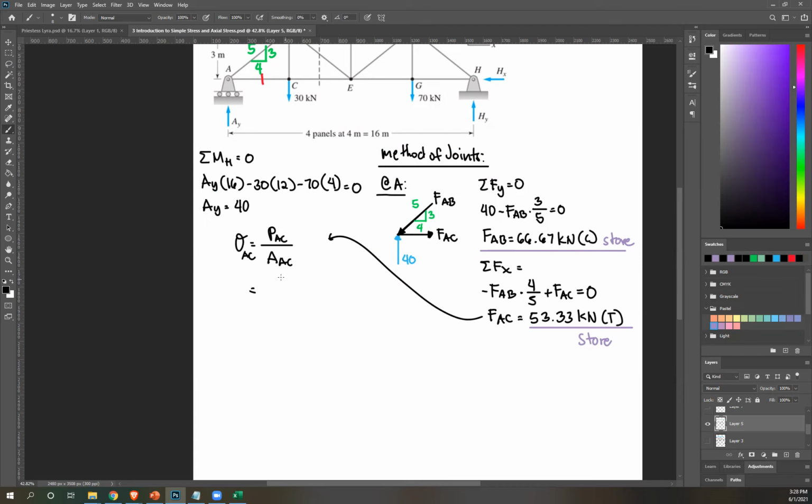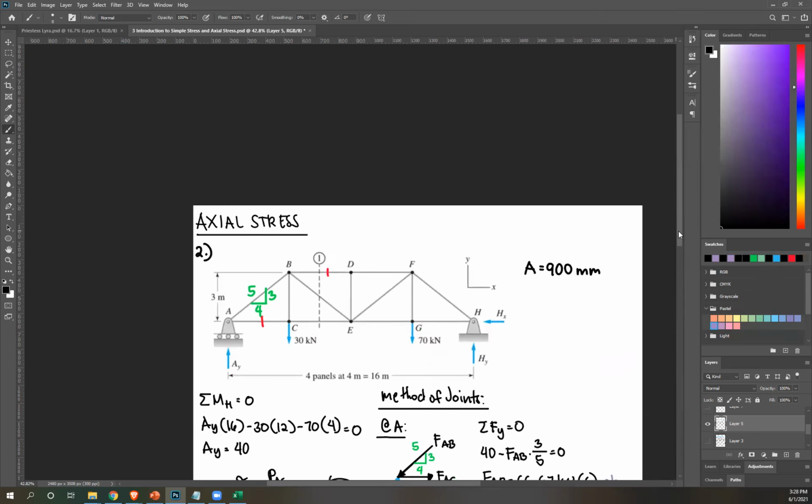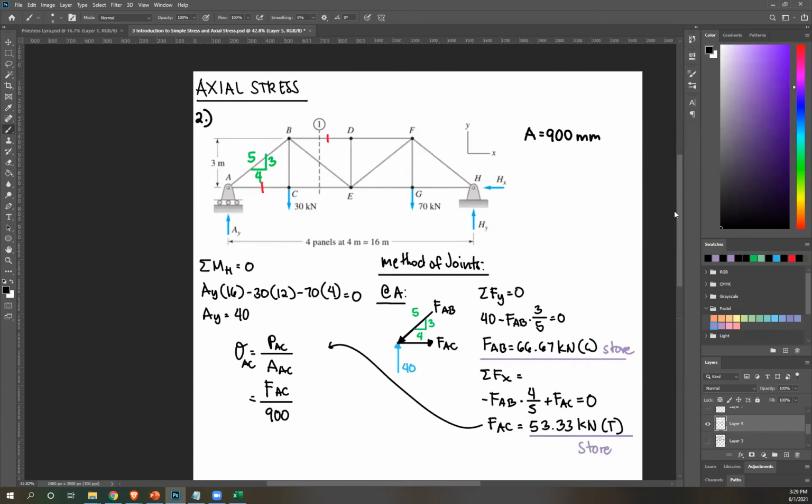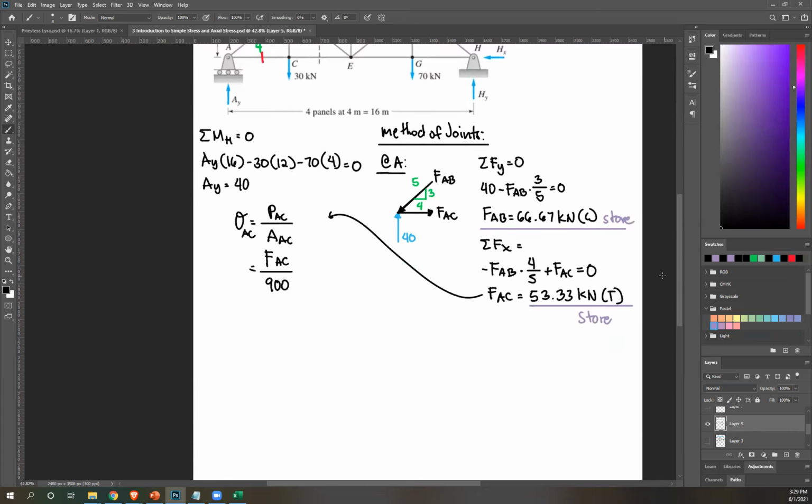Use the stored value here. So PAC is equal to FAC. That's FAC over area. Area was given 900 millimeters squared. Please solve what's the answer here.